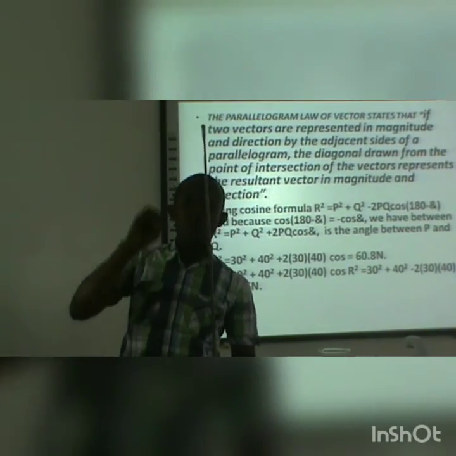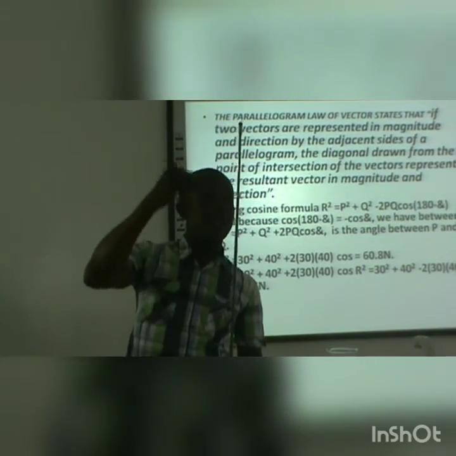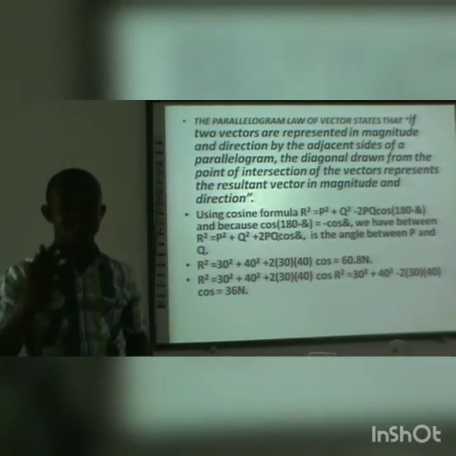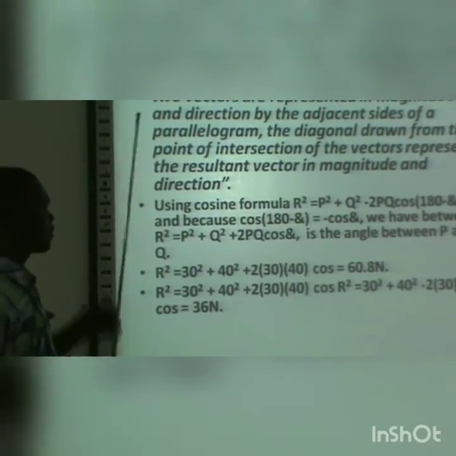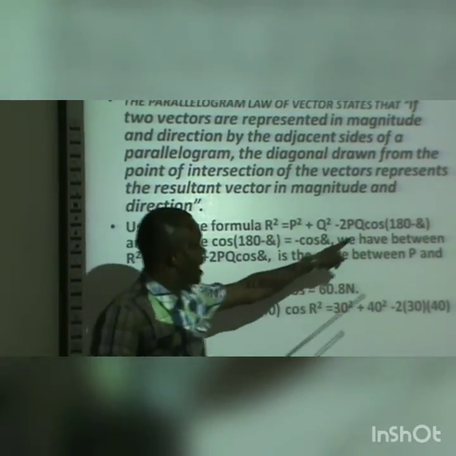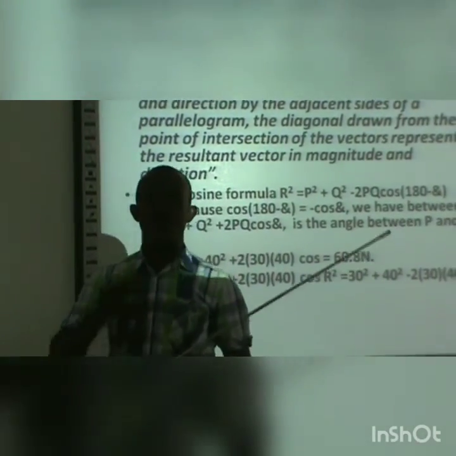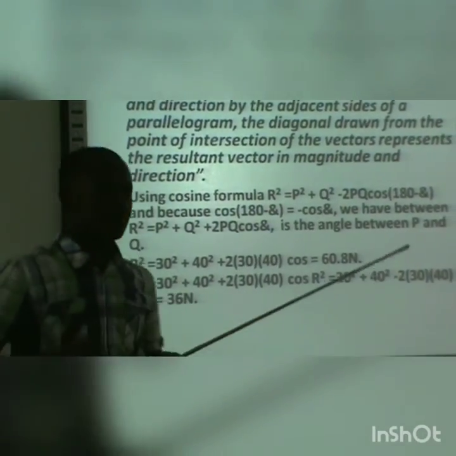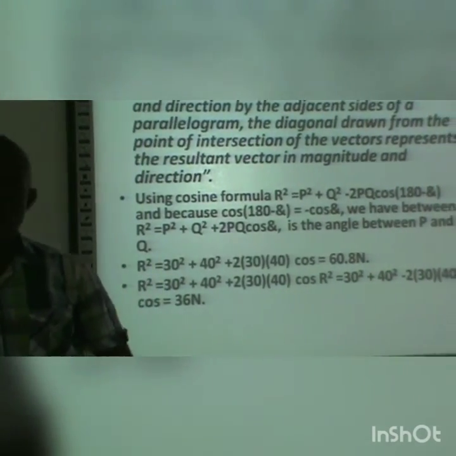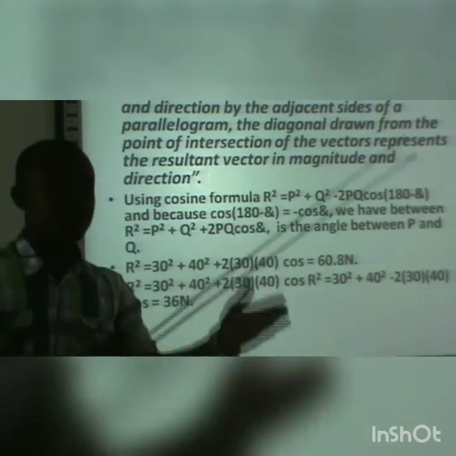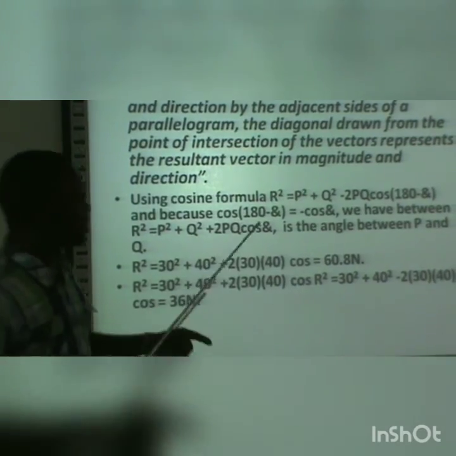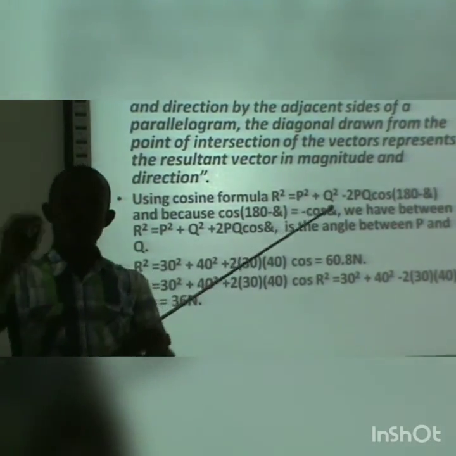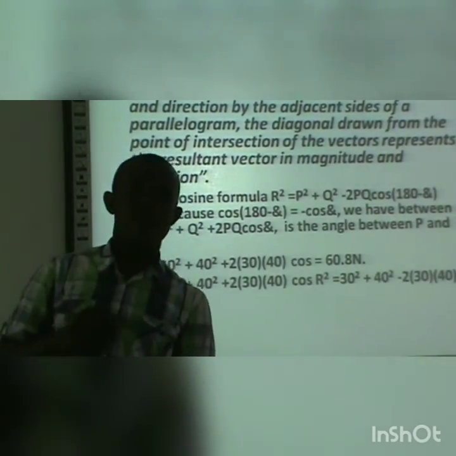What do we do? We subtract 120 from 180 to give us 60 degrees. So the angle will now be 60 here, because if you go to your four-figure table, you cannot see 120, you cannot see 180. You will see from 0 to 90. And since you are talking about 120, we now subtract 120 from 180.